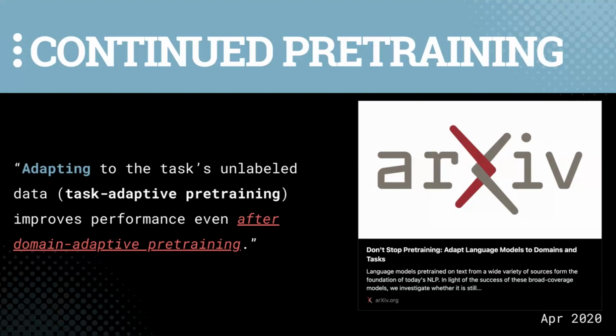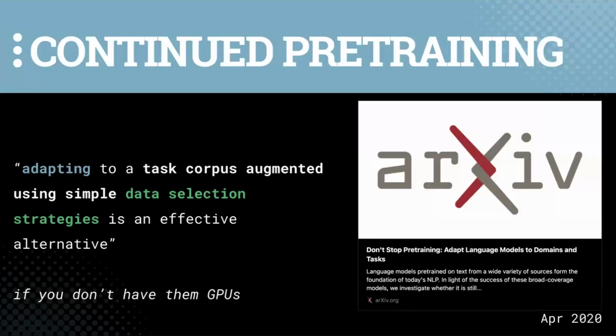This feels a lot like fine-tuning. But we go further, adapting to a task corpus augmented using simple data selection strategies. If you don't have the GPUs to keep on pre-training, that might also work.